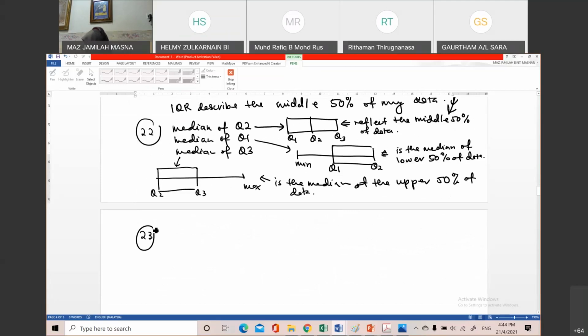So the question asks, among range, standard deviation, and IQR, for symmetric and skewed, which one is best for a data set?